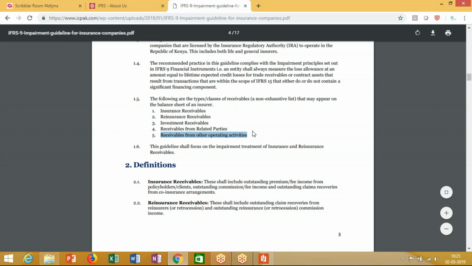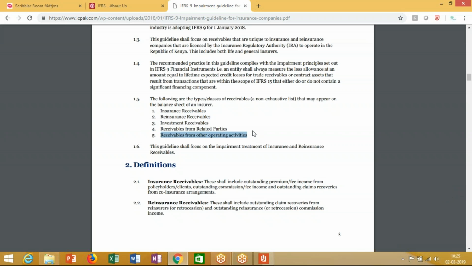They include outstanding premium, the fee income from policyholders, outstanding commission or fee income, and outstanding claim recoveries from co-insurance arrangements. Similarly, reinsurance receivables are the claim recoveries which are outstanding from the reinsurers.